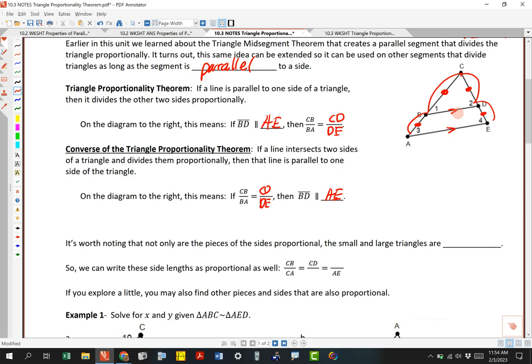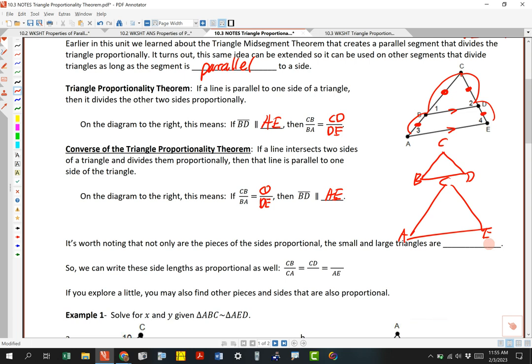but I want you to notice something. If those are parallel, I've got a small triangle here, and I've got a big triangle here. And this is CBD, and this is CAE. And those triangles, if you take a good look at them, share that vertex angle, and these are parallel.